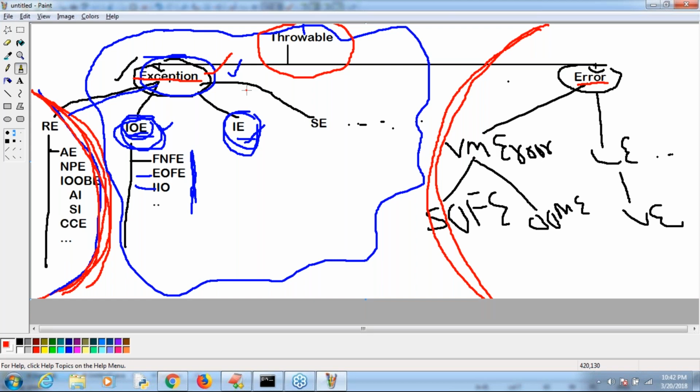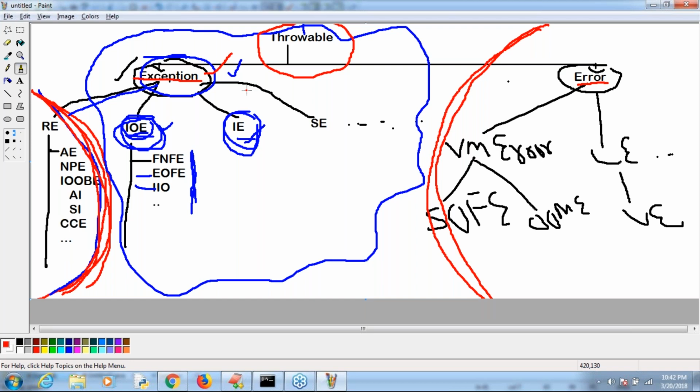Can you please tell any other partially checked exception, other than Exception and Throwable? There is one exception already there on the screen. Please respond. Observe carefully and then tell the answer.